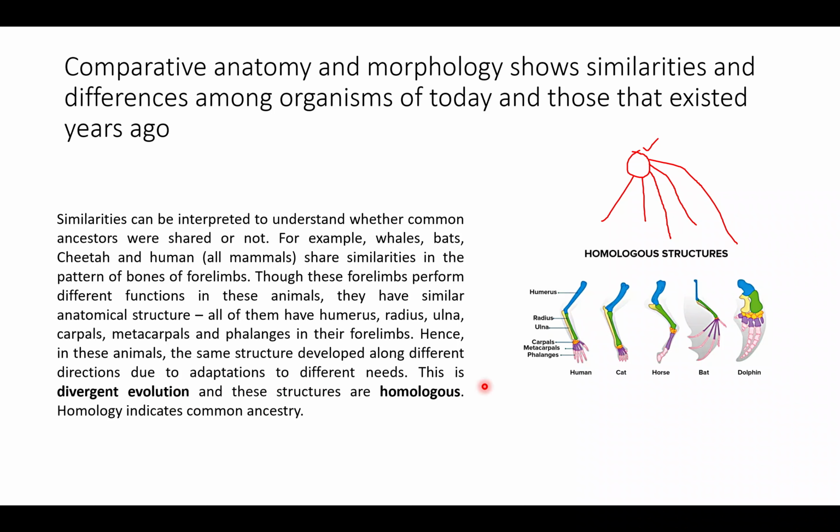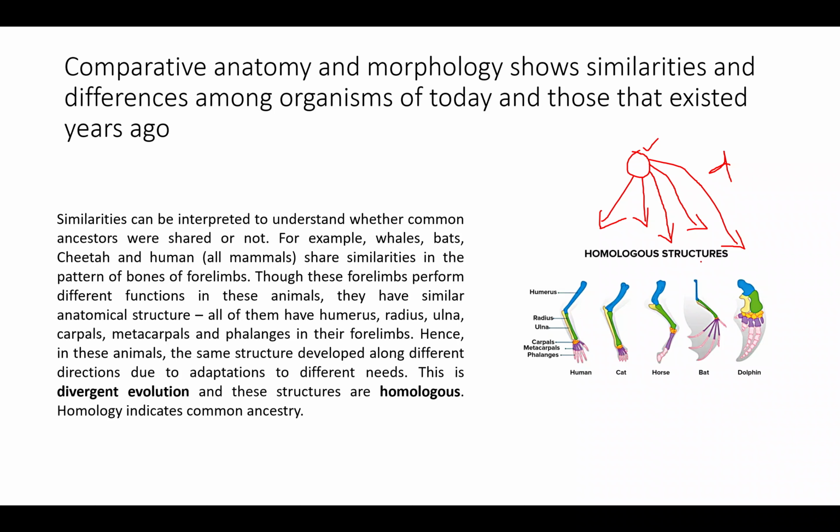And the structures are also called homologous; homology indicates common ancestry. So this is like rays coming out of the common ancestor, and that is why it is called divergent evolution. From one, it is coming out to many, and that is why it is called divergent.